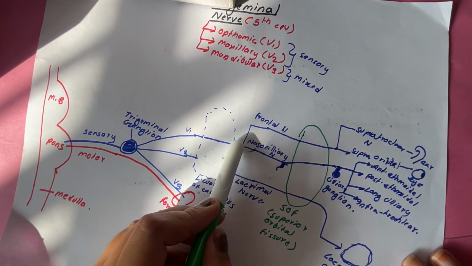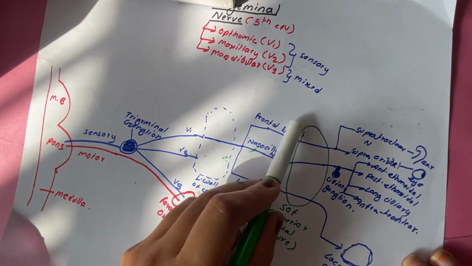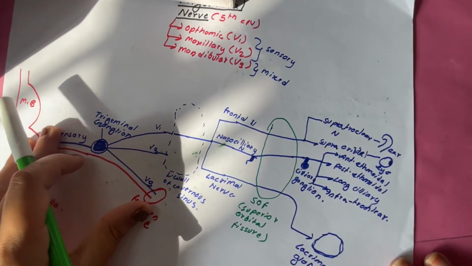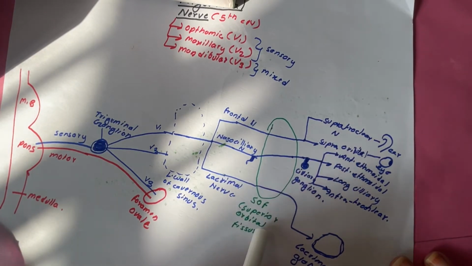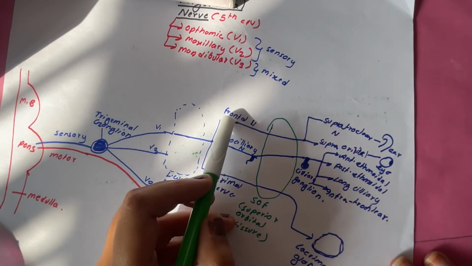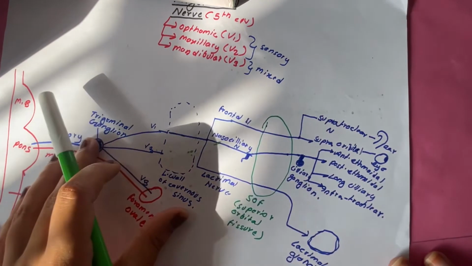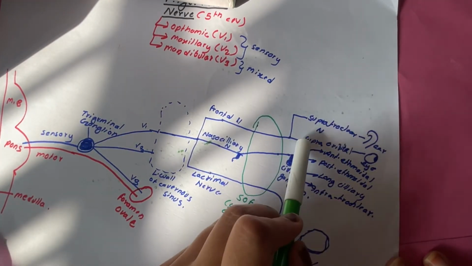After passing through the lateral wall of the cavernous sinus, V1 makes 3 branches: the frontal nerve, the nasociliary nerve and the lacrimal nerve, and they pass through the superior orbital fissure of the skull. After that, the frontal nerve gives 2 branches, that is supratrochlear and supraorbital.